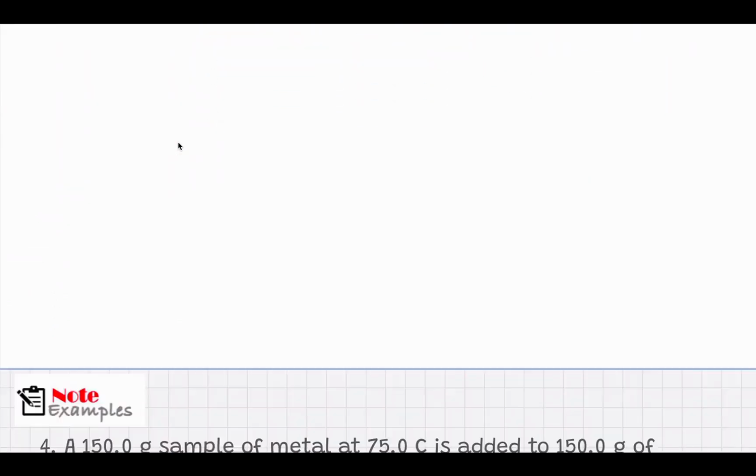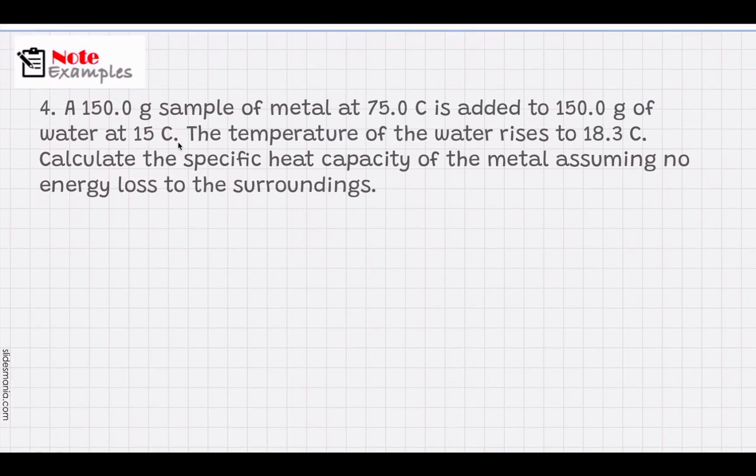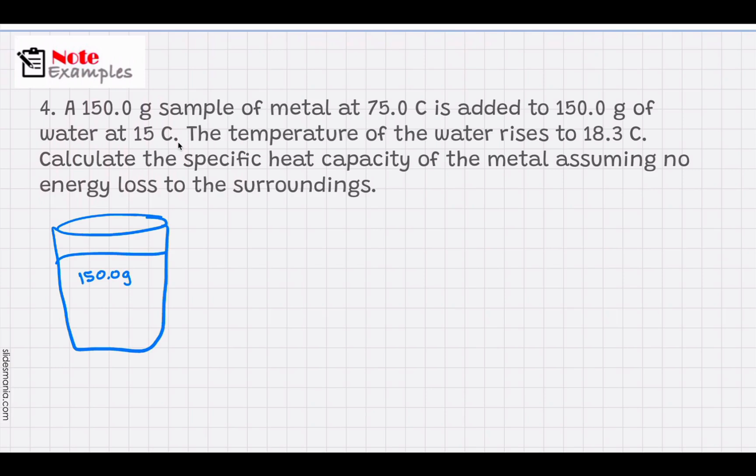I'm going to do another problem with you. This is a really classic one. You did a lab in honors that was like this, where you can take water and put it into a styrofoam cup, and you would know the mass of the water because you know the volume of the water, and it will have a certain initial temperature. And then we took metal shot, and we had it in a test tube.